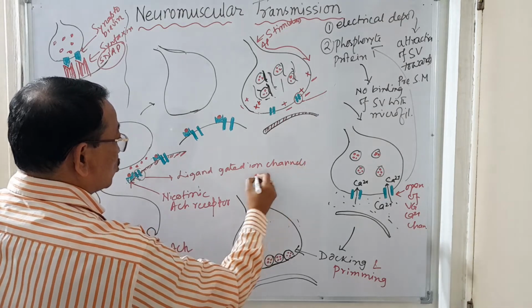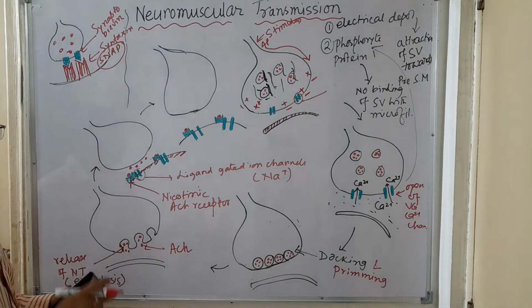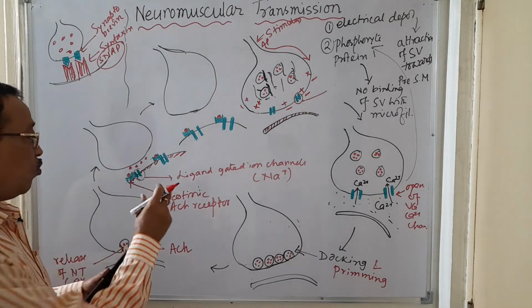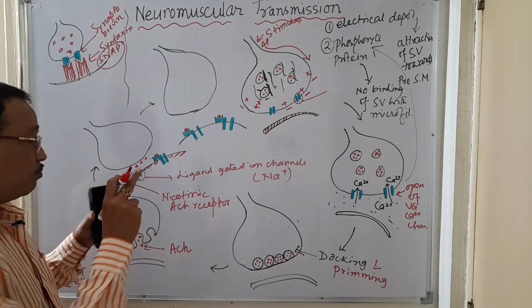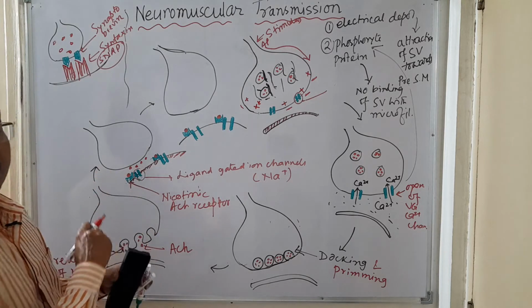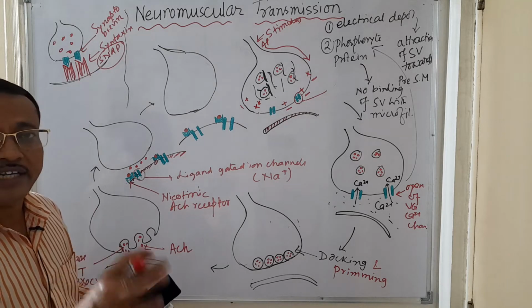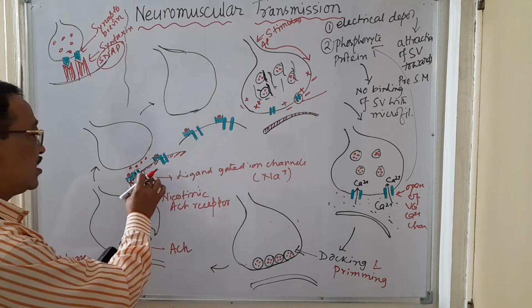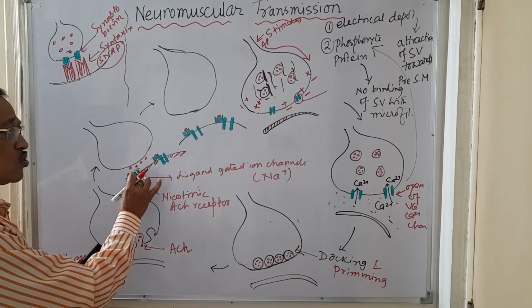Generally, the ligand-gated sodium channels are there, which remain closed when the acetylcholine is not bound with the receptor. In the resting condition, when the acetylcholine is not released, these ligand-gated sodium channels remain closed.